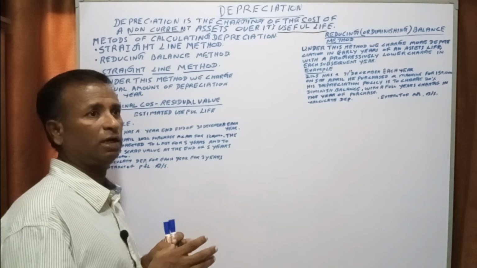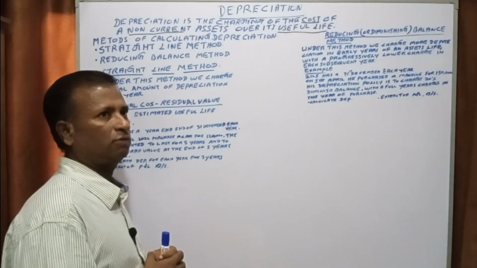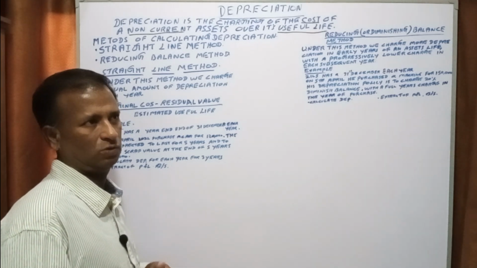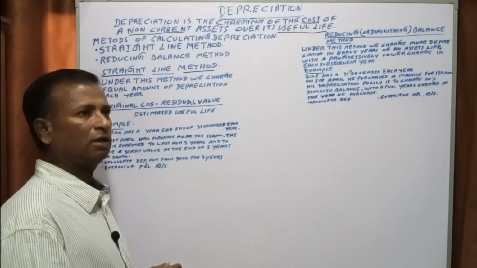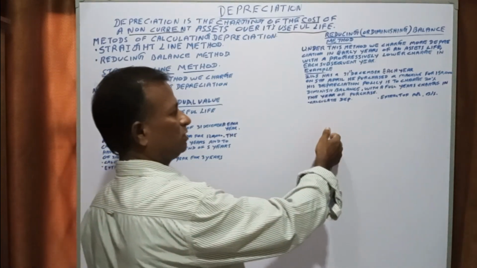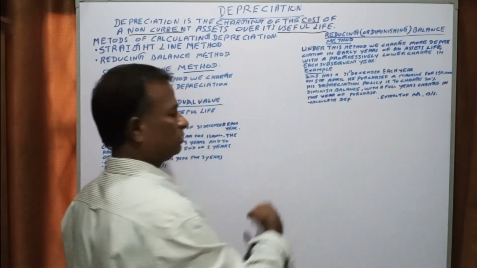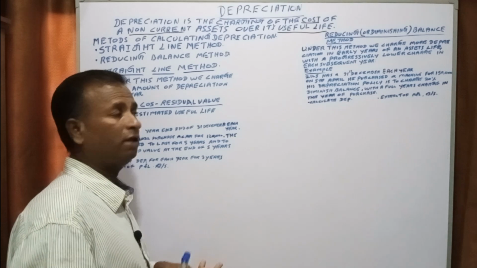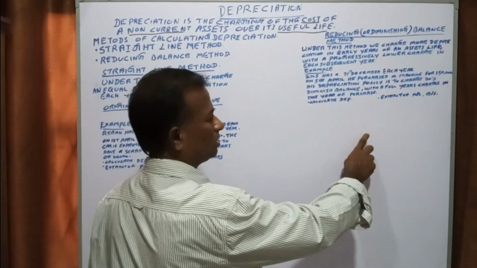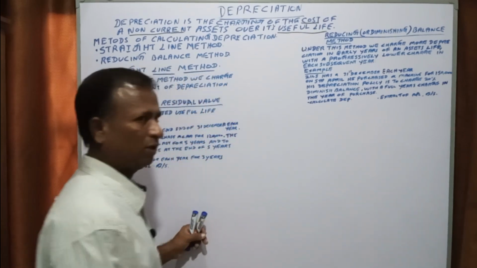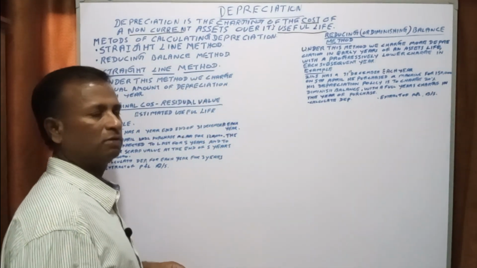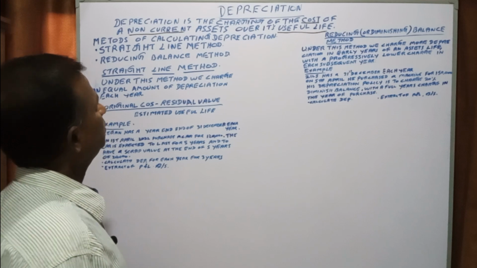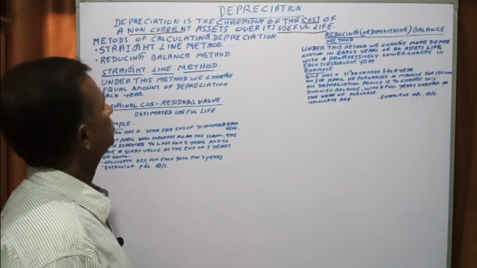For example, the human beings' lifespan is 60 or 70 years, calculated based on average.